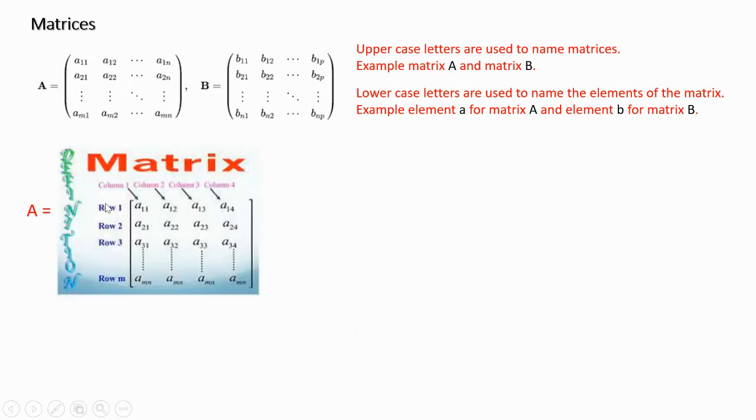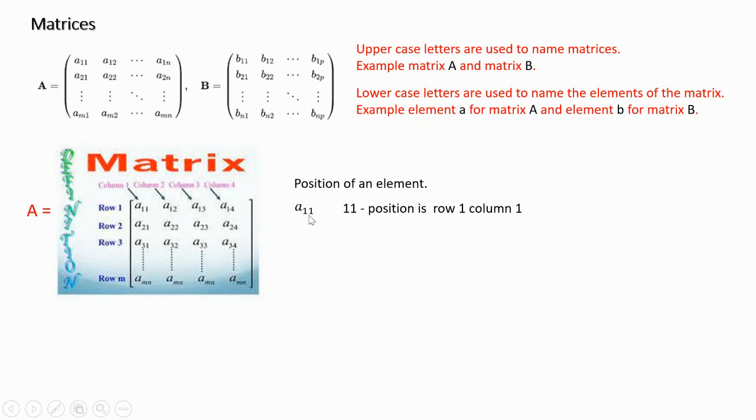You see, for example, these are my rows, and these are my columns, up and down. So for example, the position of an element, the lowercase letters are elements or entries. Now A11 means the position is in row 1, column 1.